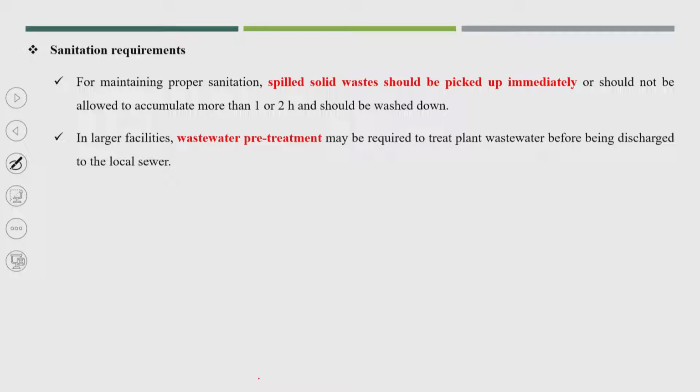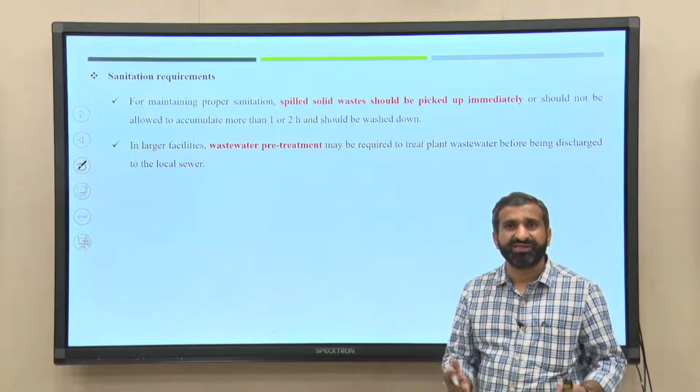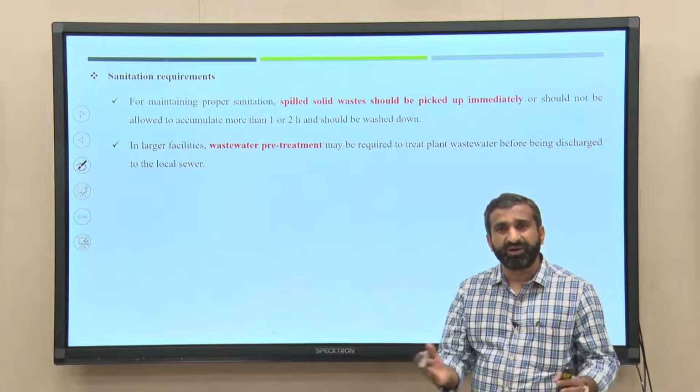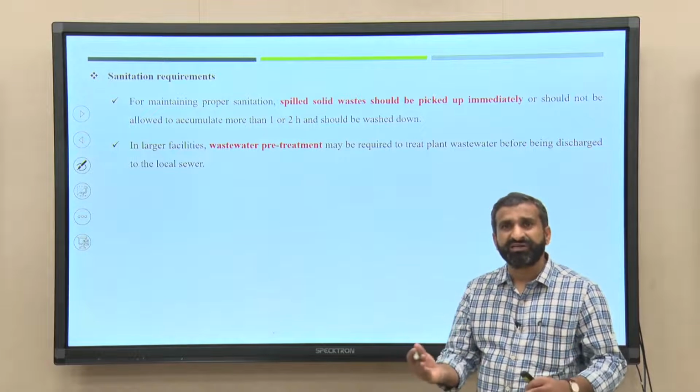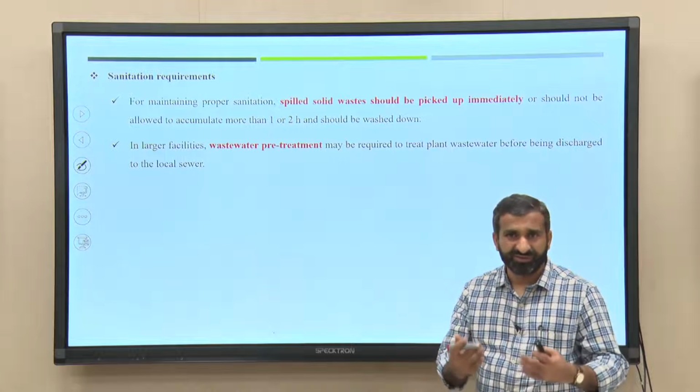And because cleaning will be required, it is possible that the transfer station operates 6 hours or 8 hours in a day, and once the entire operation is over, obviously cleaning will be required.